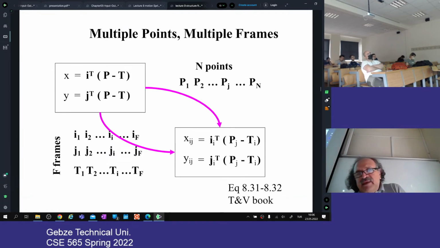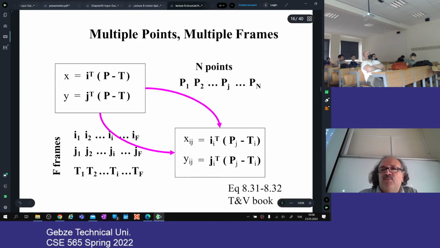So at the beginning we have this equation set. I have n points. What was the number of n in the video that I showed you? 50,000. There are 50,000 points that I am tracking, and there are f frames. How many frames did we have in that video? 6,000, right? So f in our case is 6,000 and n is 50,000.